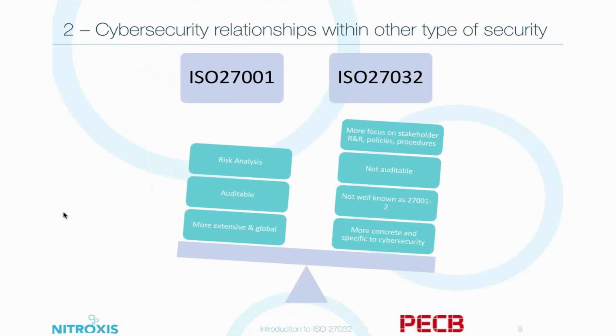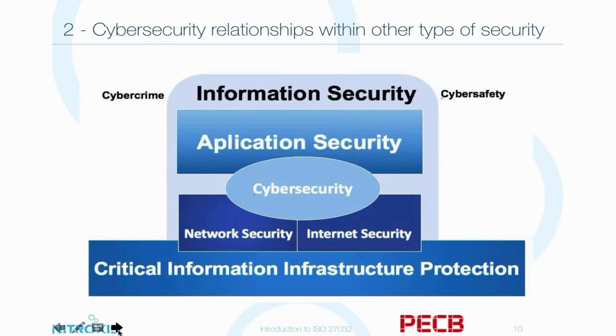And ISO 27001 is more extensive and global, while this standard is more concrete and specific to cybersecurity. So the difference also is that 27001 has been known for more than 10 years, while the cybersecurity standard was released in 2012. So it focuses rather on stakeholders' roles and responsibilities, policies, and procedures towards cybersecurity. That's it for the key concern.